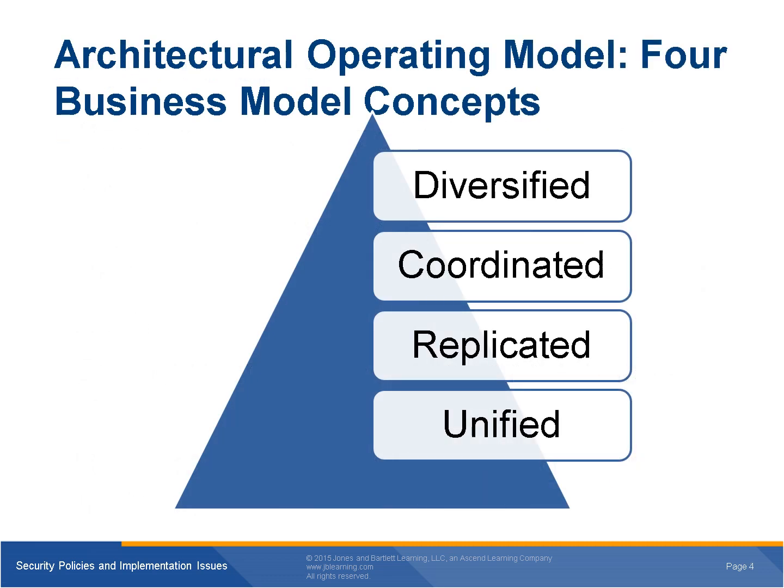So the architectural operating model, we have 4 business model concepts. The first one is diversified. In the diversified operating model, technology solution has a low level of integration and standardization with the enterprise.